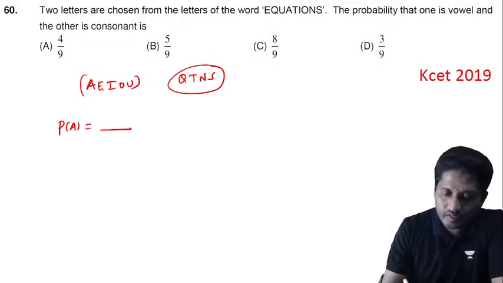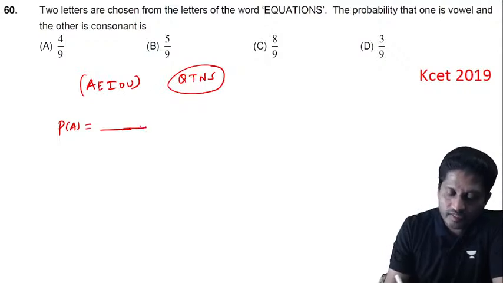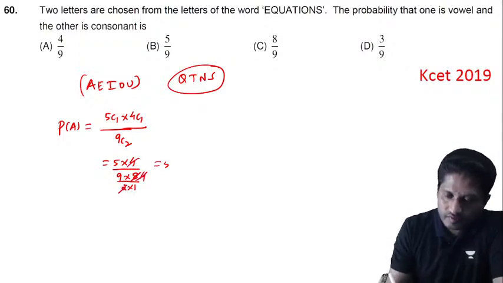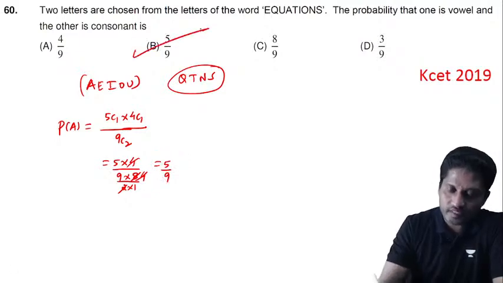So there are 1, 2, 3, 4, 5, 9, total 9 letters. You're choosing 2 letters, so 9C2. One vowel, one consonant will be 5C1 into 4C1. So 5 into 4 upon 9 into 8 upon 2 into 1. This will cancel, 4 will cancel 4. Answer is 5 by 9. Answer is option B.